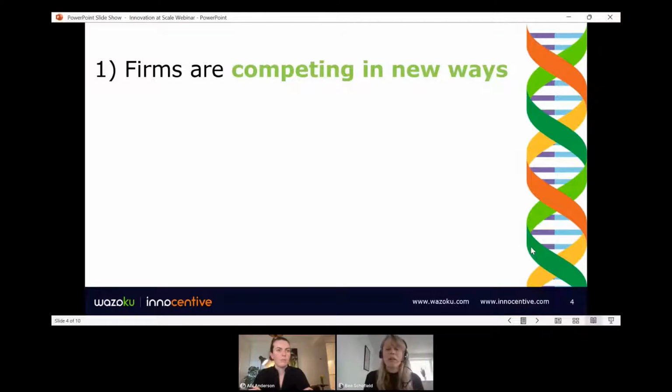Organizations are really having to rethink the way in which they compete. New scenarios are cropping up all the time. If we think about emerging markets such as Airbnb and Uber, there are different forms of competition and things are happening at a greater pace. So organizations really need to rethink how they remain competitive and the pace at which they are driving change.